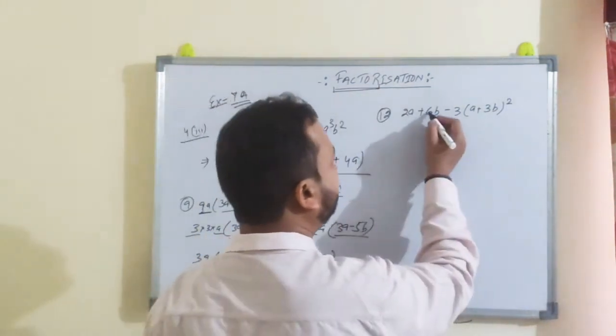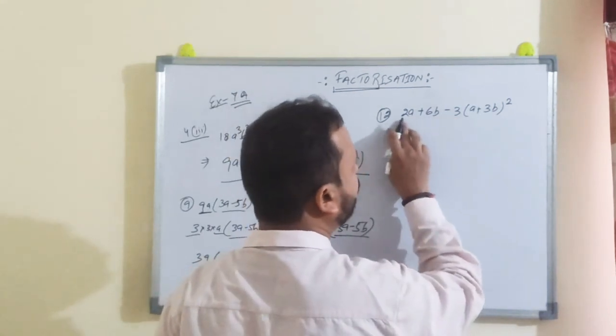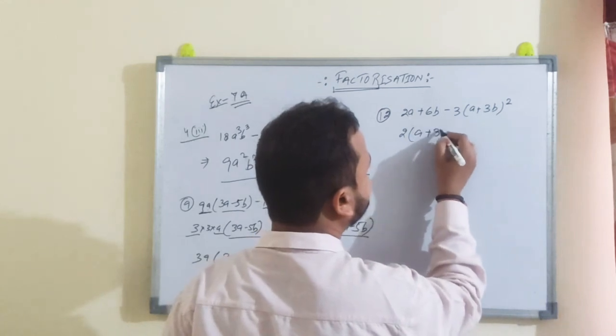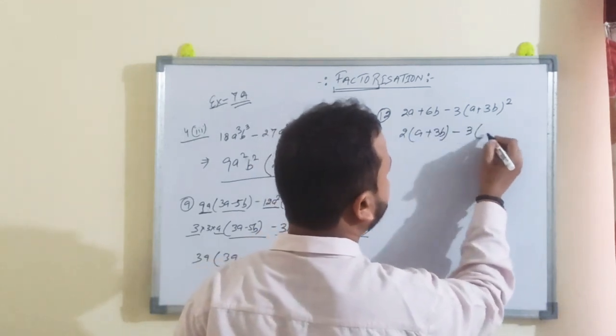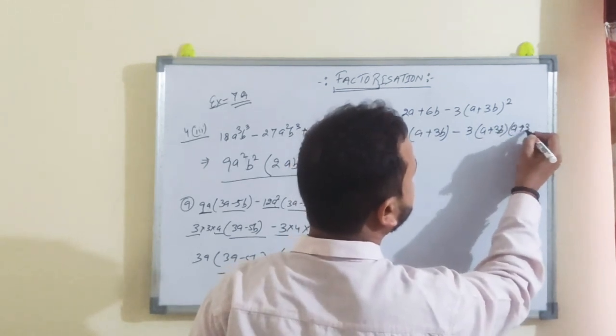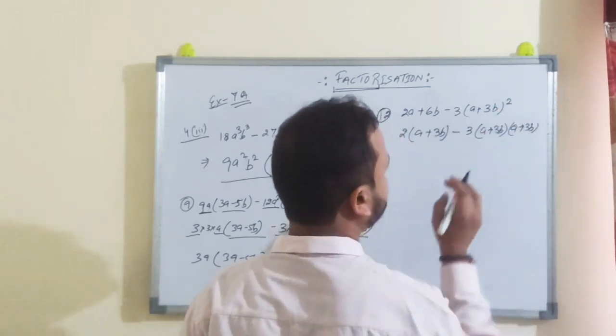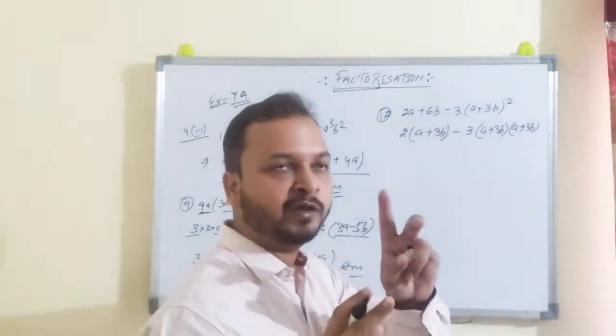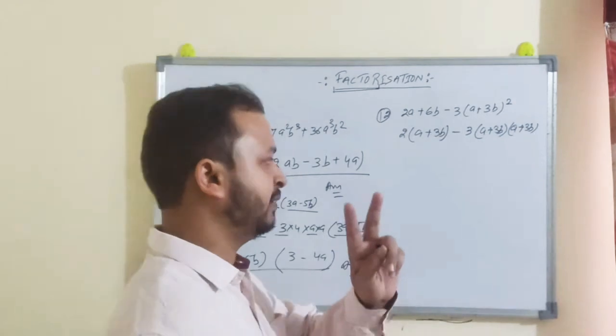So in this question, if we take 2 common from here, this will become a plus 3b minus 3a plus 3b into a plus 3b. Why? Because it is written as square. Square means multiple of 2, right? Means you will multiply 2 terms, same term.